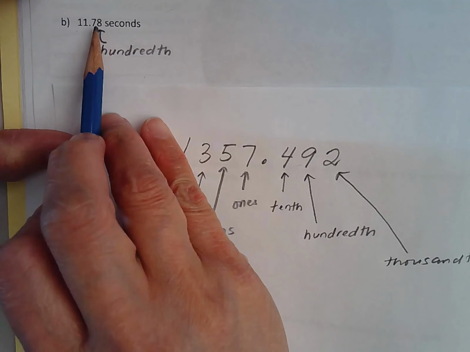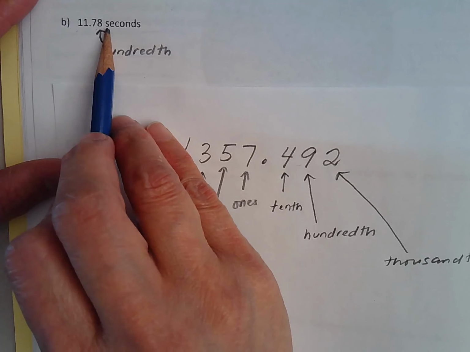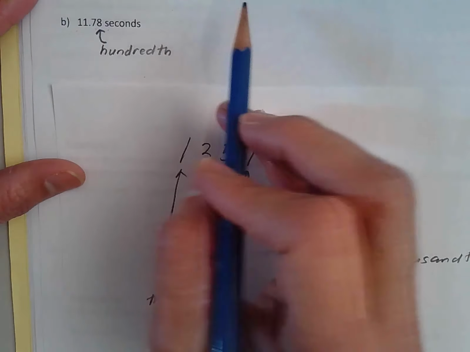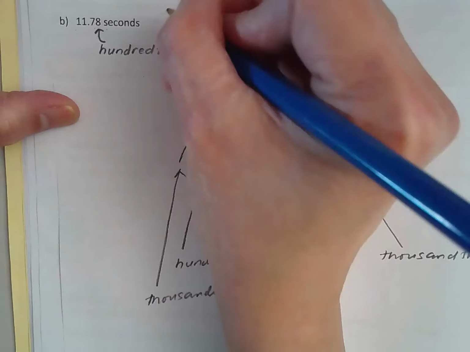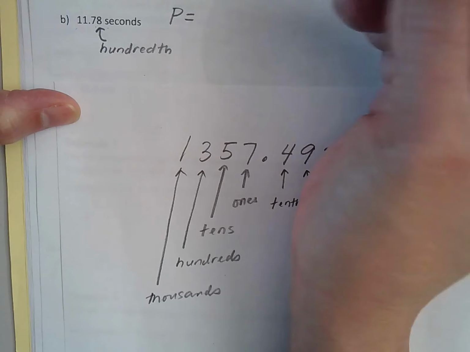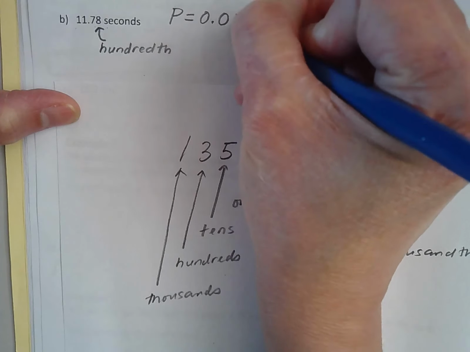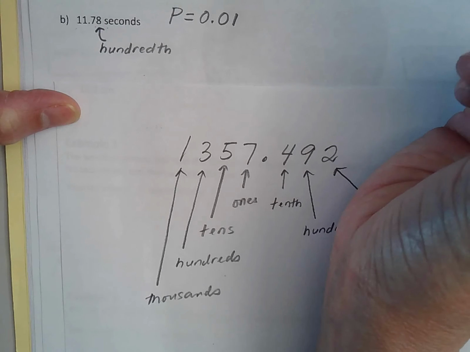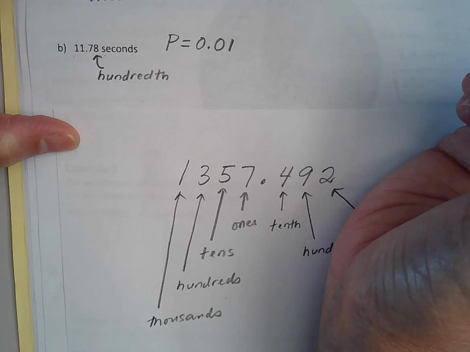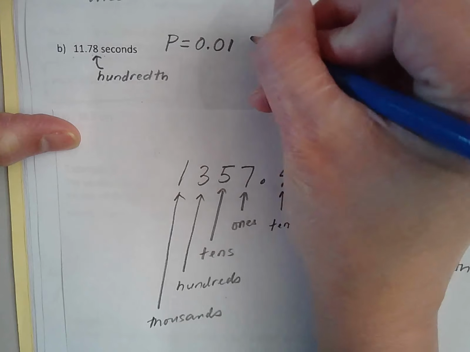So the next second would be 11.79, right? So what's the precision? Hundredth would be 0.01. The precision would be 0.01 seconds.